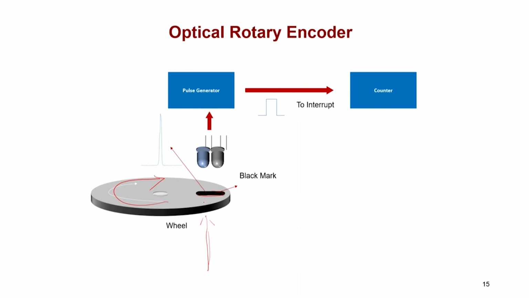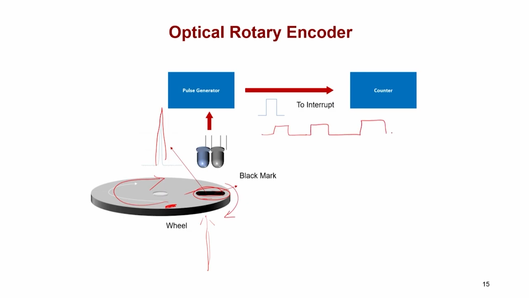Now, when this position is here, then it is opaque, which means it is 0, no current. Only when this slot is coming, then the light can emit. So, the optical system, LED or whatever, can actually emit the light. So, the light goes and it creates a spark. So, that is a pulse generator. So, you get a continuous pulse depending on the rotational speed of the wheel.